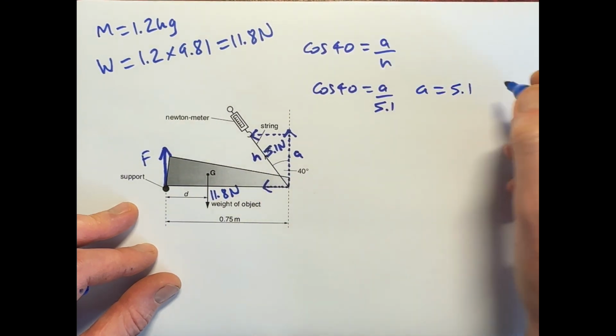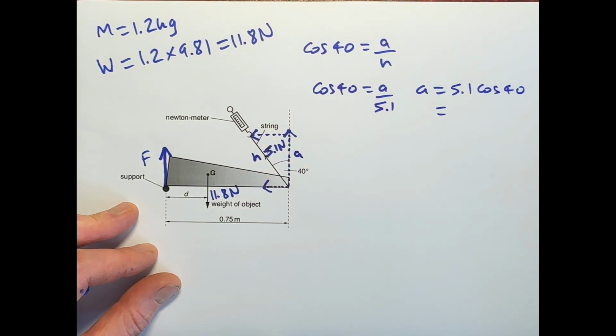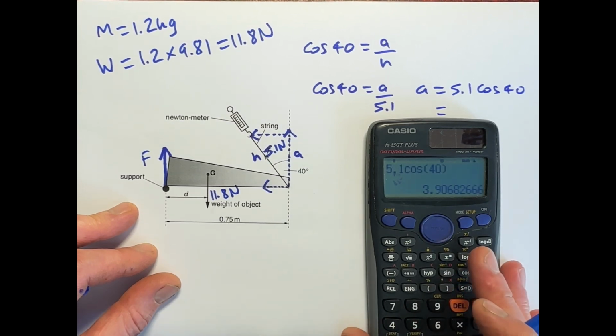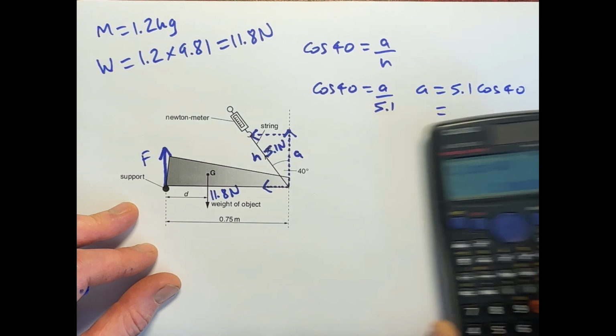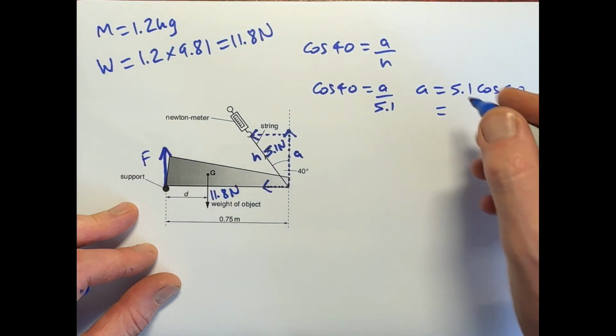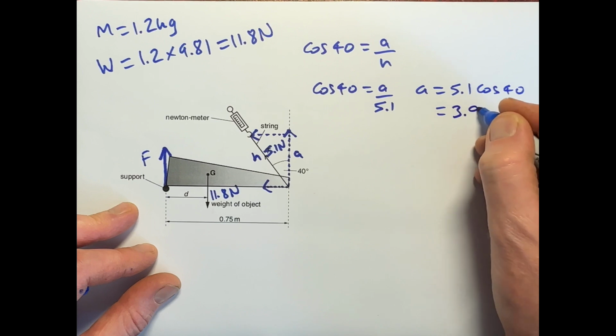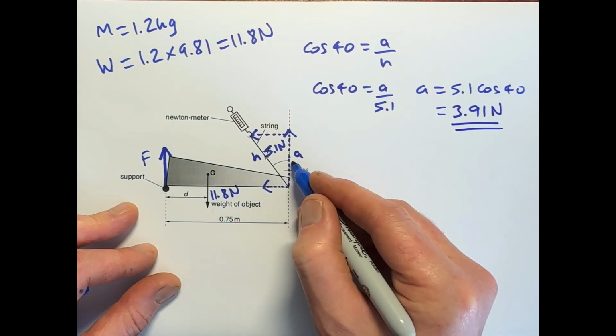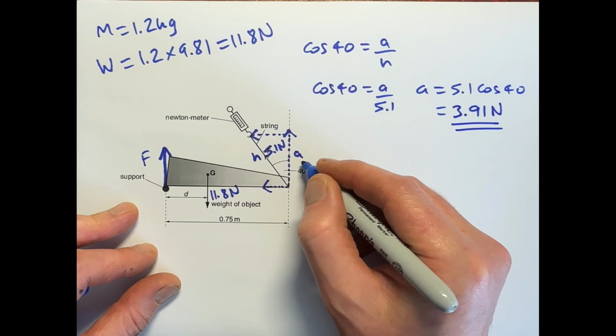If we rearrange that, 5.1 cos 40 gives us our adjacent, which comes out as 3.9 newtons, or 3.91 newtons. So we know that force there is 3.91.